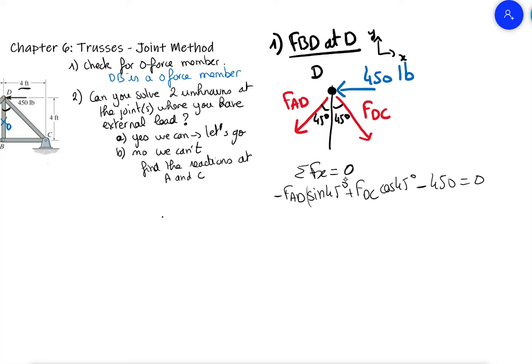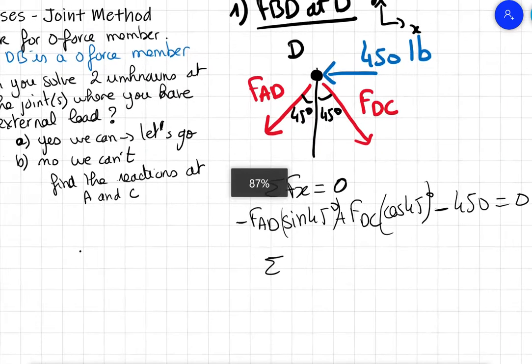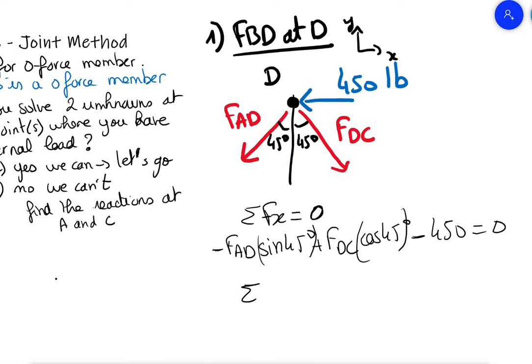We cannot do anything with that, so let's leave it this way. Now the sum of the forces on Y is equal to 0. This one says minus FAD cosine 45 and minus FDC cosine 45 is equal to 0.